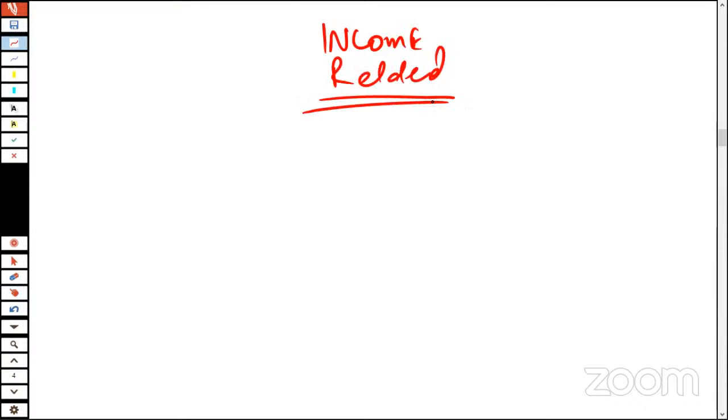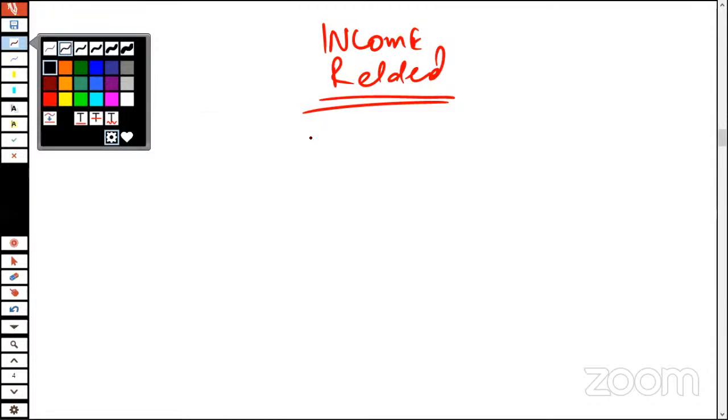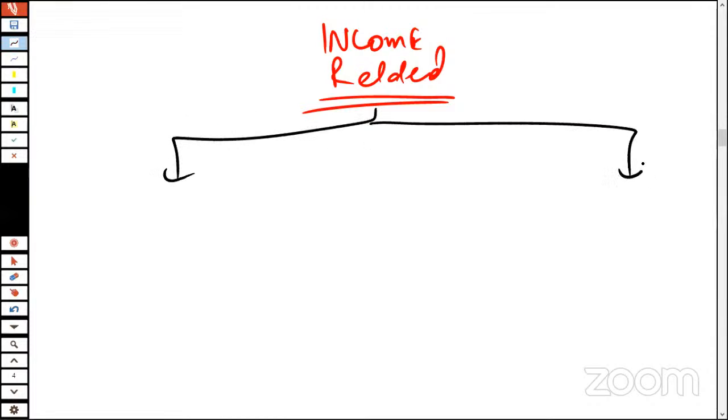Okay, now let's move a bit forward. Now the next thing is the income related grant. How exactly do we treat this income related grant? Let's try to understand this. When we talk about the income related grant, there are again two ways of dealing with it. What are those two ways?